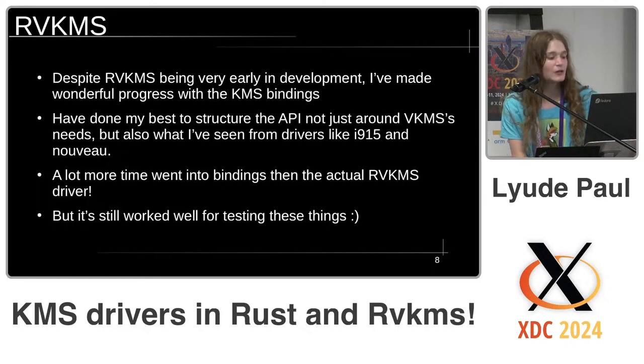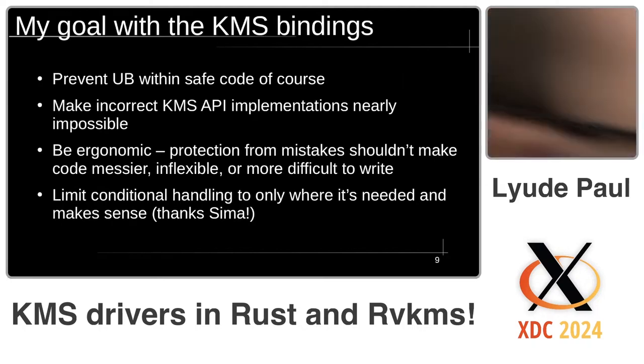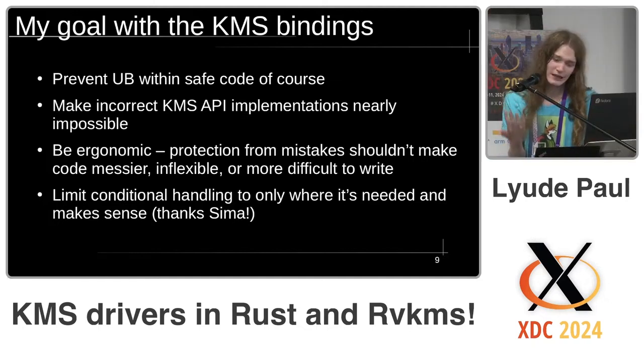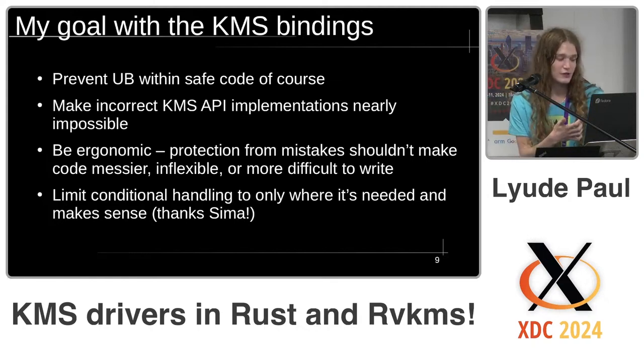So my main goal with the KMS bindings was, of course, prevent undefined behavior in safe code. Make incorrect KMS API implementations nearly impossible. Rust gives us a lot of tools to actually be able to prove that the way things are implemented are correct at compile time. And we wanted to take advantage of this, but also make sure that we're ergonomic, right?